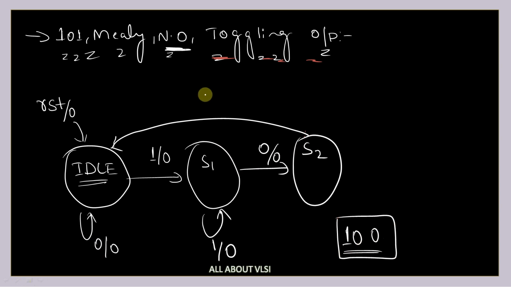I can simply go to idle state. There is no problem in it. But if I am in S2 state and I have the sequence 1, 0 followed by 1, then the sequence has been detected and my output should become 1.